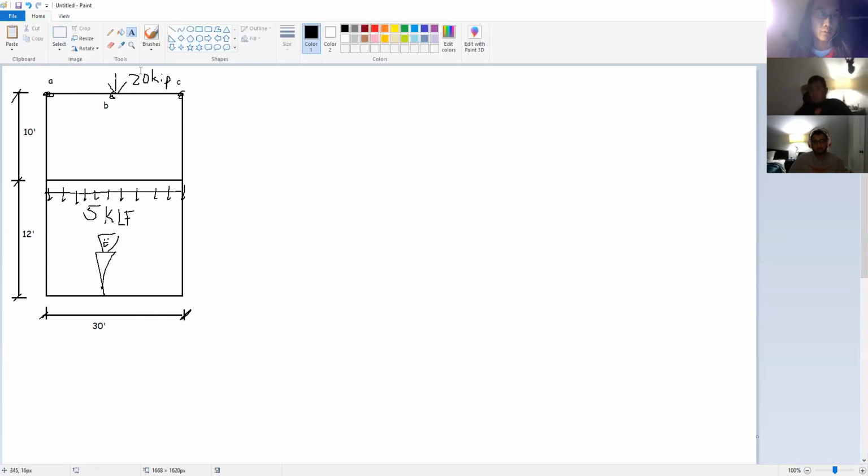All right. We're just gonna take this section right here, right off the top. But we need to label the pins and the roller.